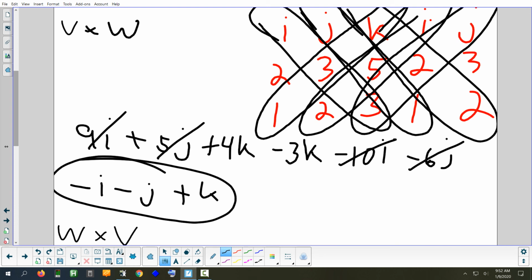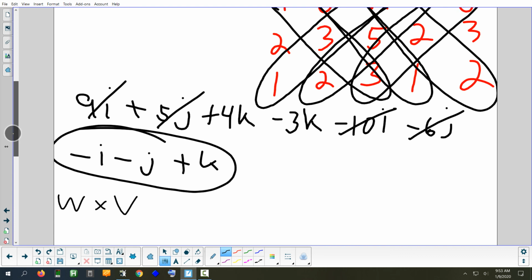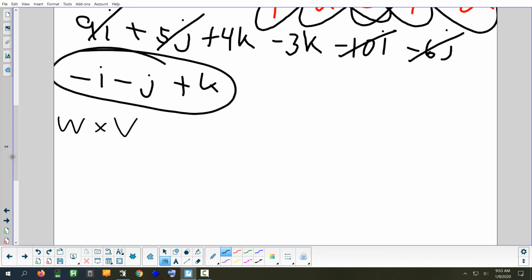Now for the last one, we're just going to switch the order. Instead of v cross w, I'm going to do w cross v. Usually when we switch the order and multiply, it comes out the same. So let's see if that's what happens here. Let's set it up again.